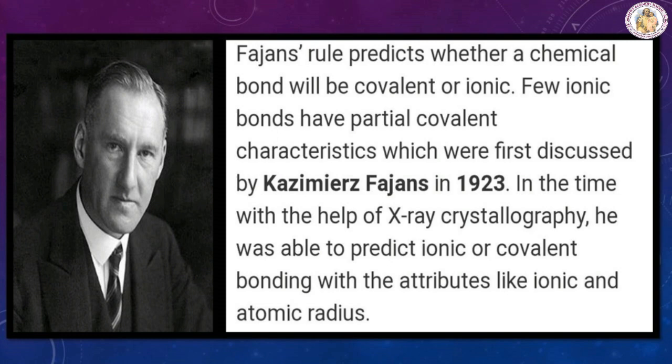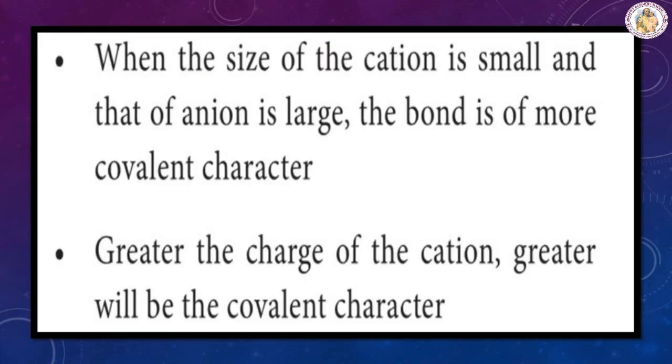At the time, with the help of X-ray crystallography, he was able to predict ionic or covalent bonding with attributes like ionic and atomic radius. Fajan's rules are formulated by considering the charge of the cation and the relative size of the cation and anion.